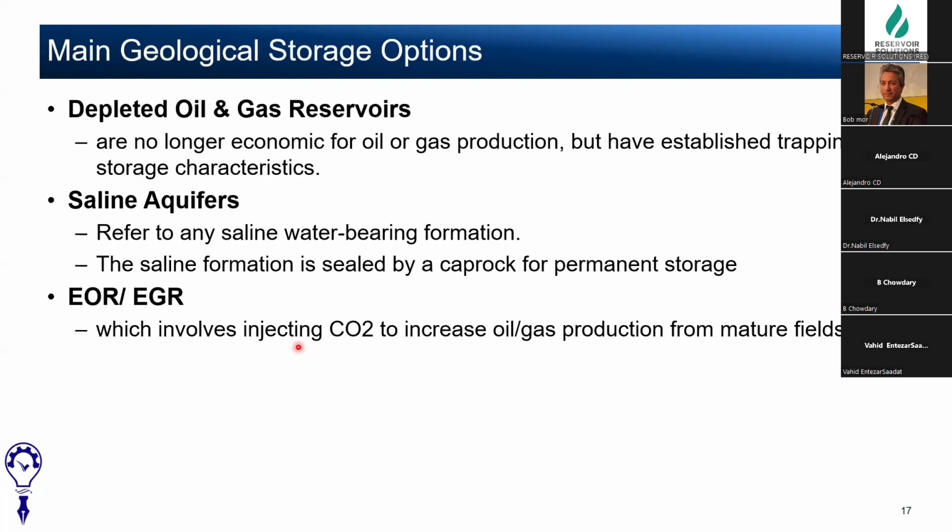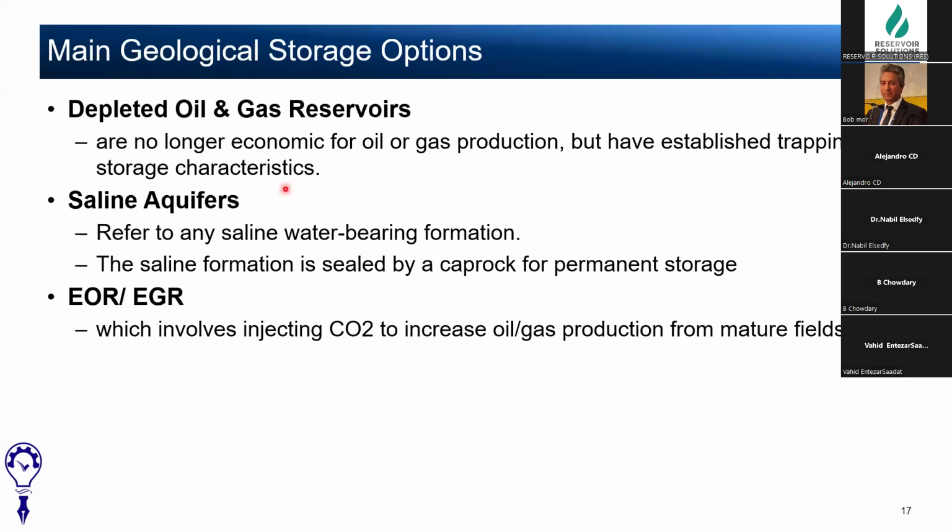So what are the main geological storage options? These are the main options and main types. The first is depleted oil and gas reservoirs. Depleted oil and gas reservoirs are reservoirs which are no longer economic for oil and gas production, so we can repurpose them for CO2 storage.